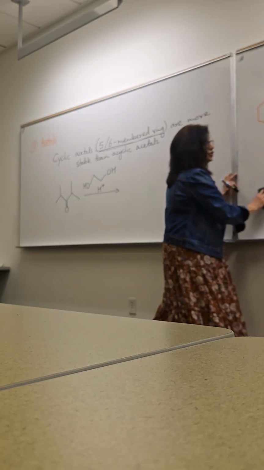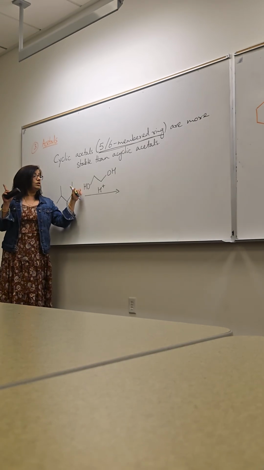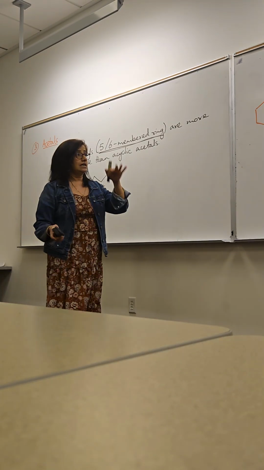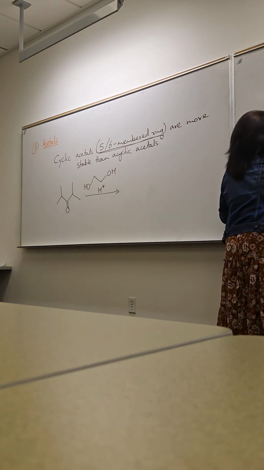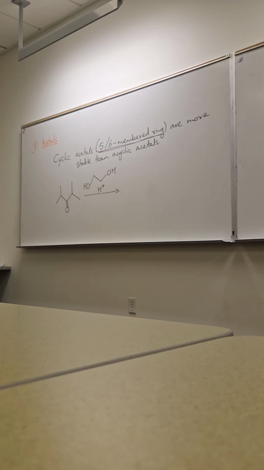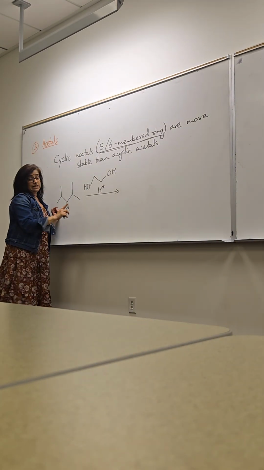Instead of taking 2 alcohols, we are taking 1 alcohol, but it's a diol. Everything else is exactly the same. What would the outcome be? It's like cyclopentane, but it's an acetal.